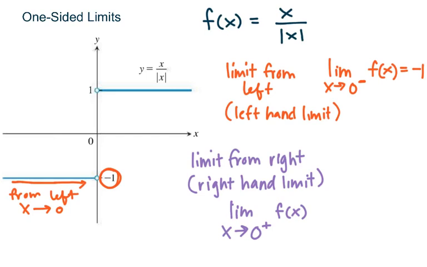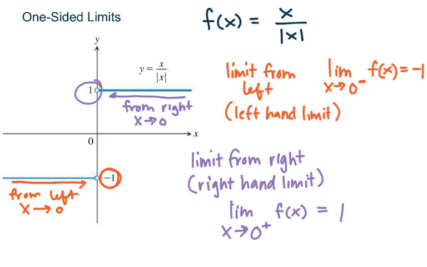As we travel along the function from the right, as x gets closer to 0, where does my y value go? It never touches that value, but it approaches +1.